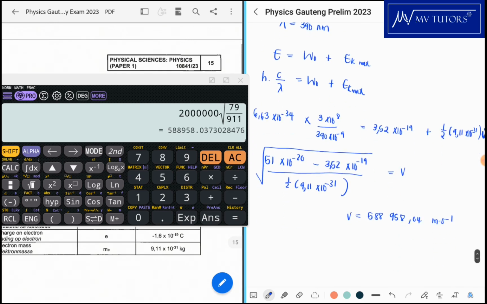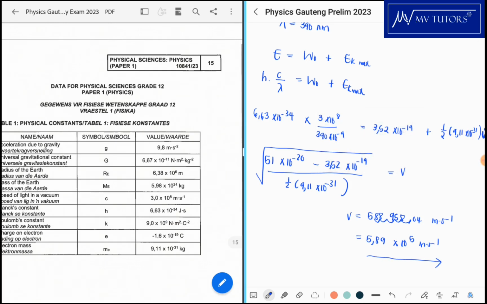Does this make sense? It does. This is an electron, moving very fast, so we are not expecting very low values. To simplify further, you could say 5,89 times 10 to the power 5 meters per second, moving the comma 5 spaces to the left. This is our answer.